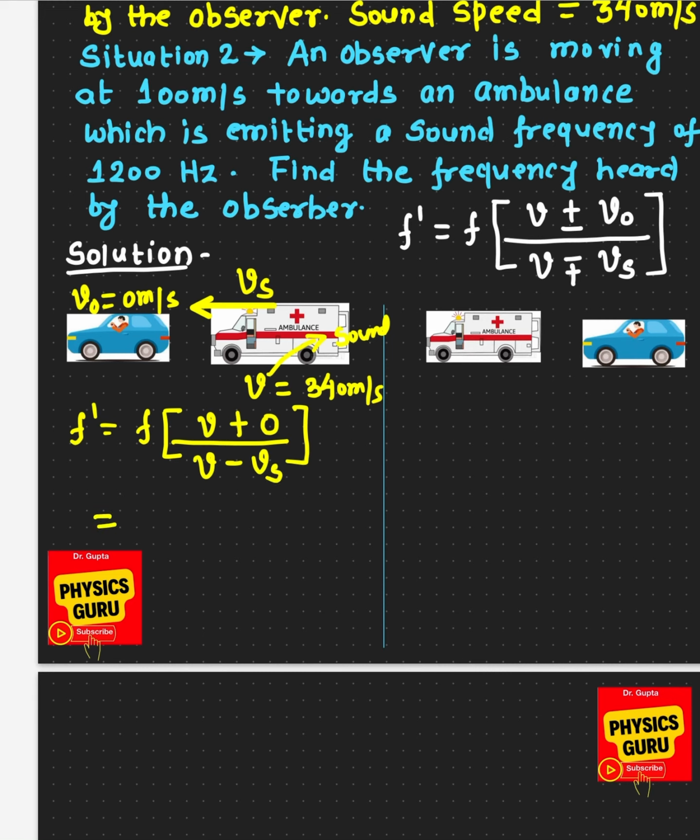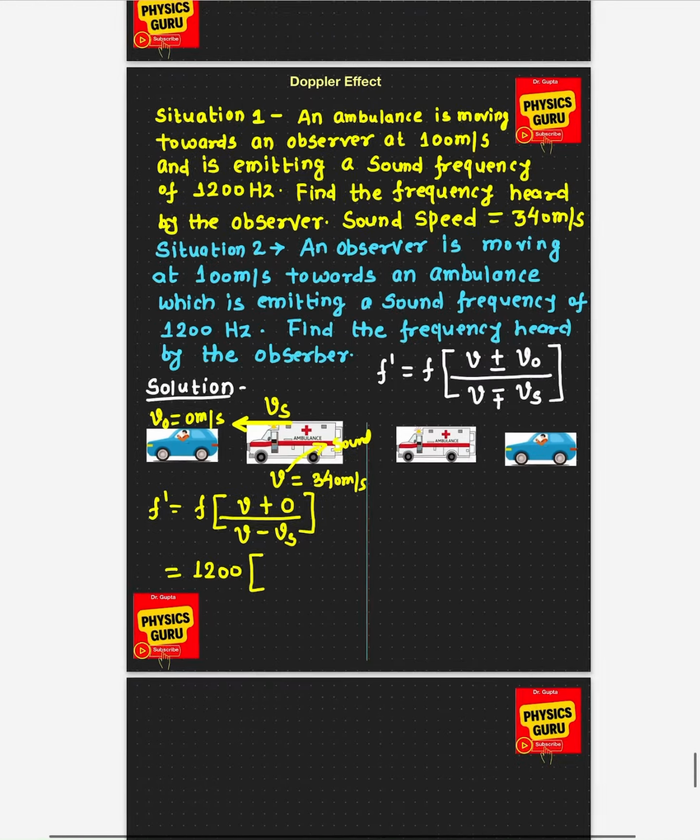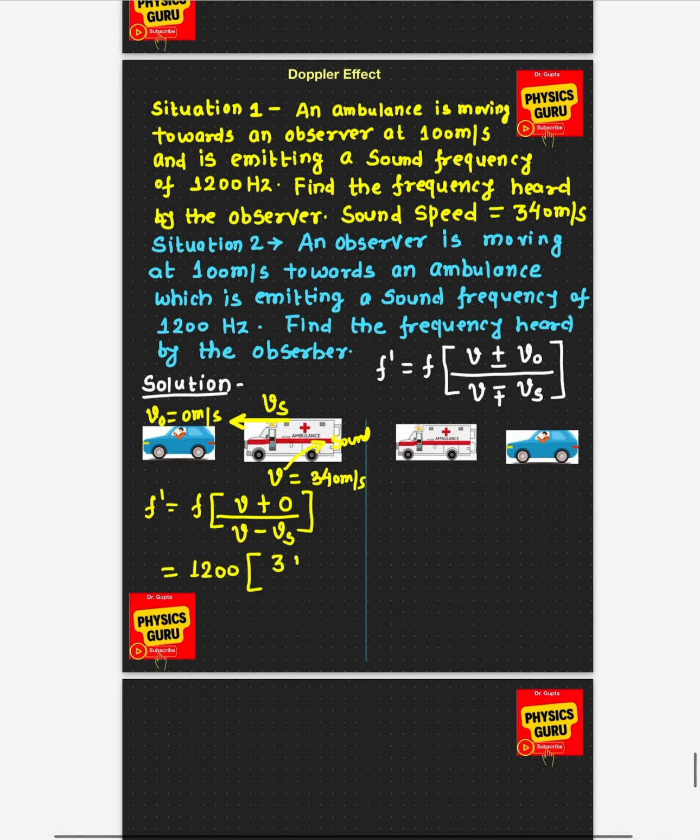Now let's plug in all the values. f is the frequency of the emitted sound, which is 1200. v is the sound speed, which is 340 meters per second, plus 0, we do not need it. In the denominator, v again is the speed of the sound, 340, and vs is the speed of the source, the ambulance, which is given as 100 meters per second.